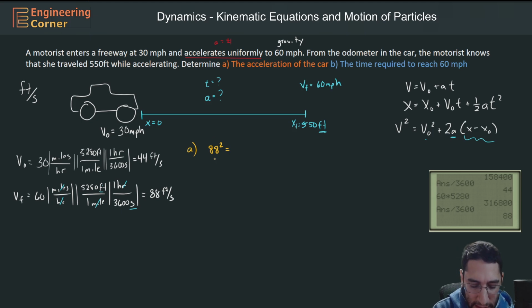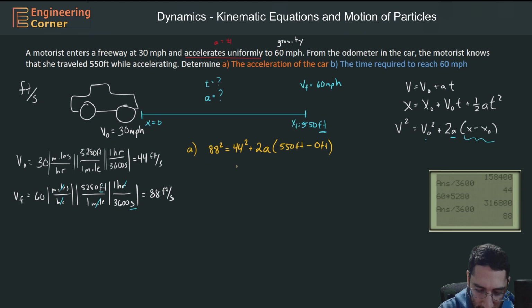Our initial velocity is going to be this 44 squared plus 2 times our acceleration. We don't know our acceleration. And we're going to multiply it by our final position, which is 550 feet, minus our initial position, which we said is 0 feet. So when we do this, we're going to solve for acceleration.